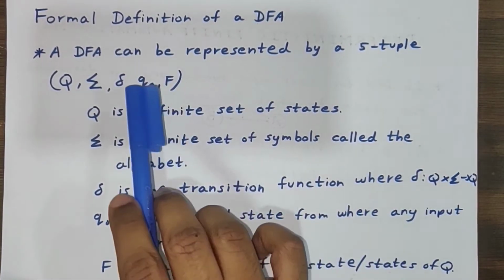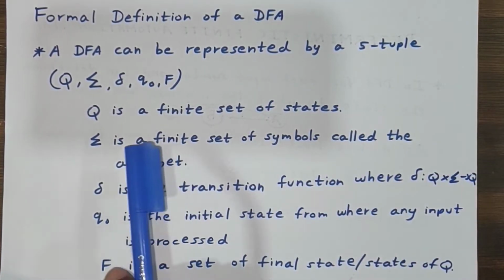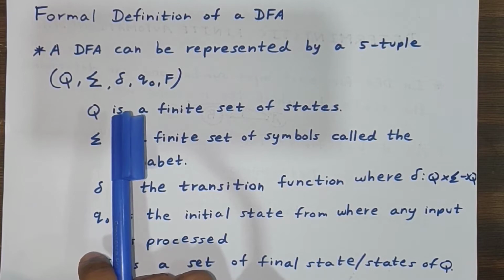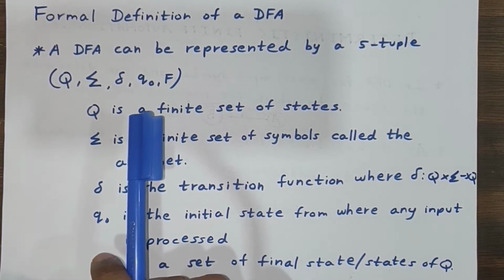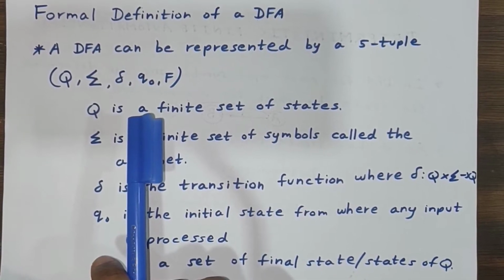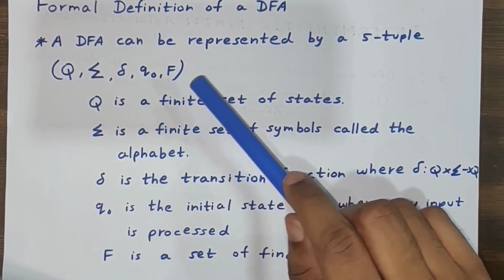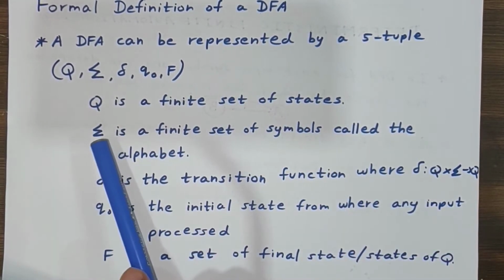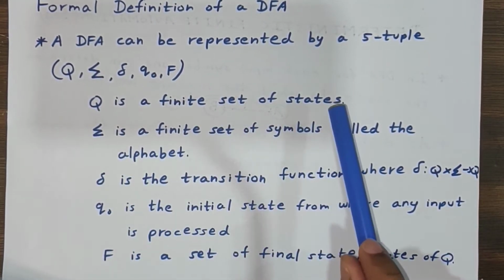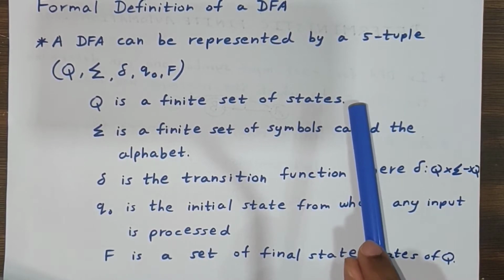A DFA can be represented by a 5-tuple. The first is Q, second sigma, delta, Q naught, and F. Q is a finite set of states, the total number of states available.